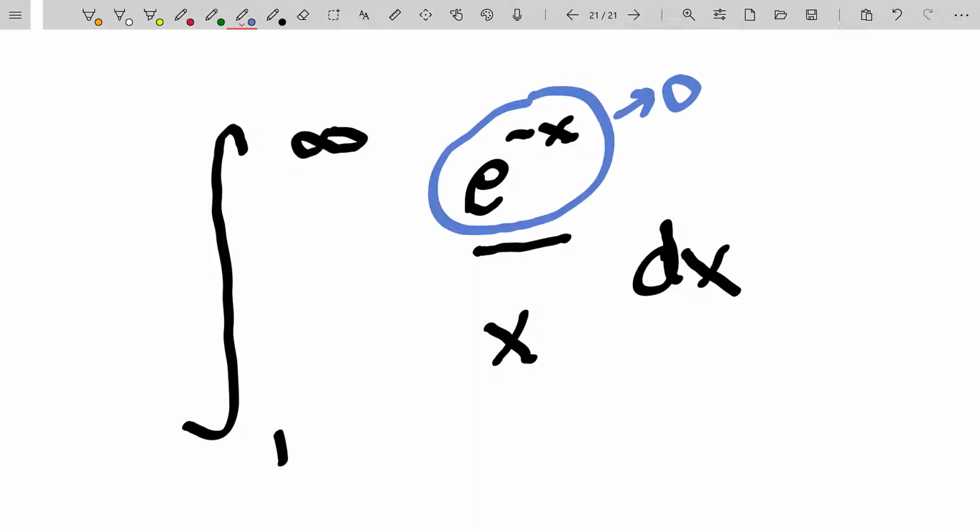And so because this is being sucked down to 0 very quickly, the area underneath this curve is likely to become something close to 0 very fast. So my intuition is saying that this is likely actually going to converge because, again, the area underneath this curve not only tends to 0, but it's going to do it very quickly.